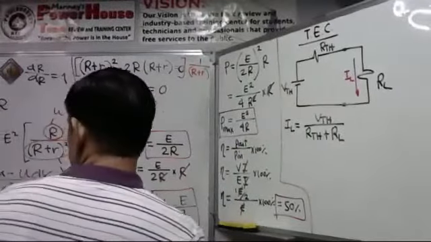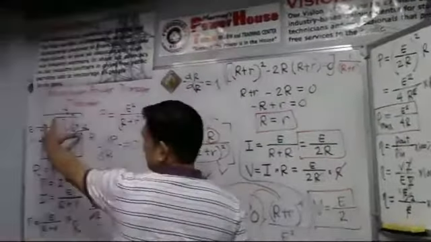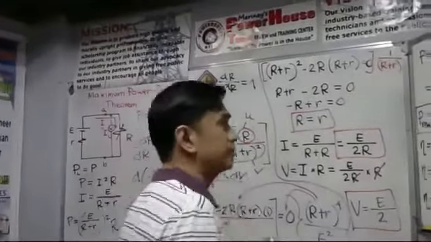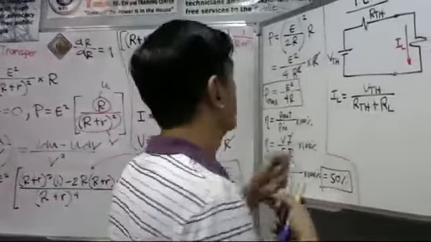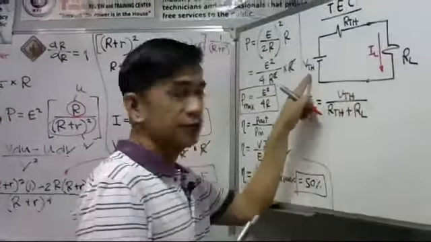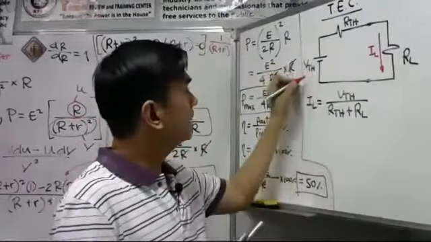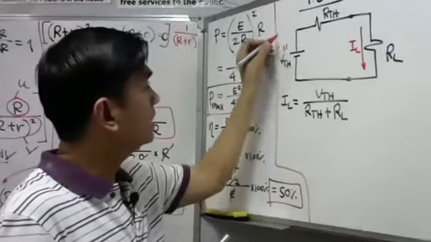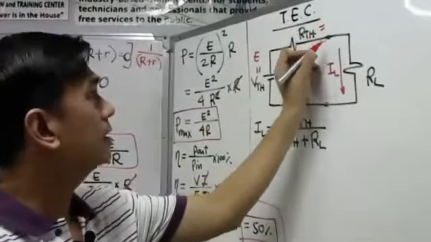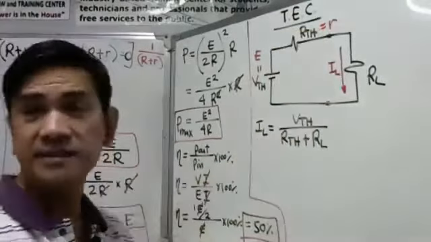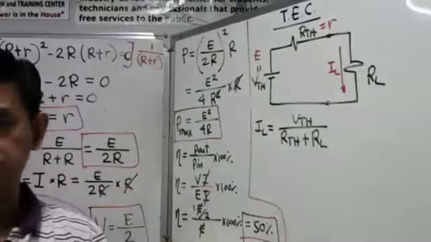Okay, so take a look here again. Take note that our VTH in Thevenin's theorem is simply our E. Our RTH here is simply our small r, the internal resistance of the battery.